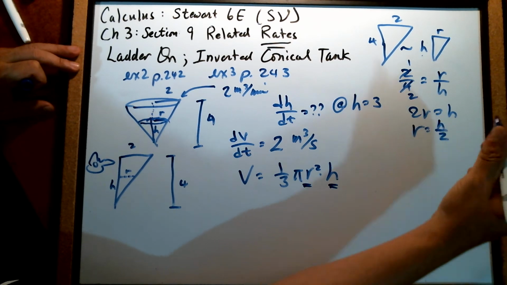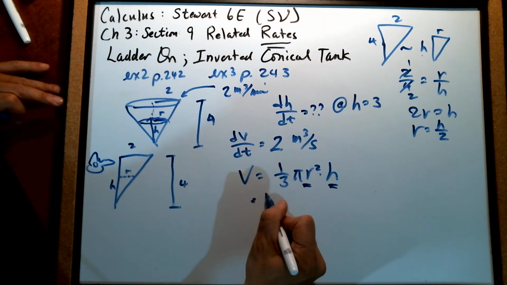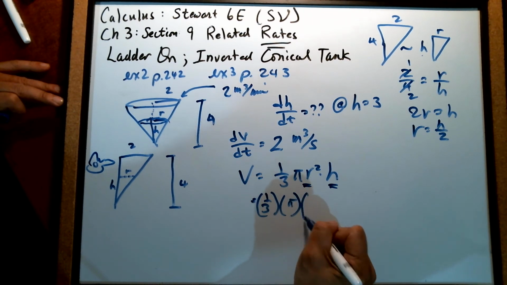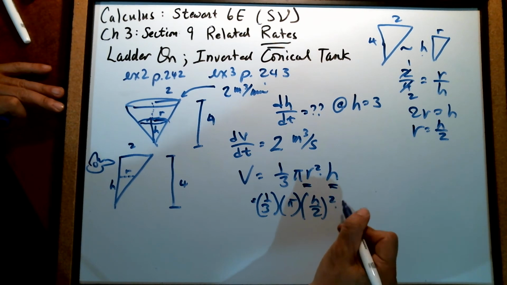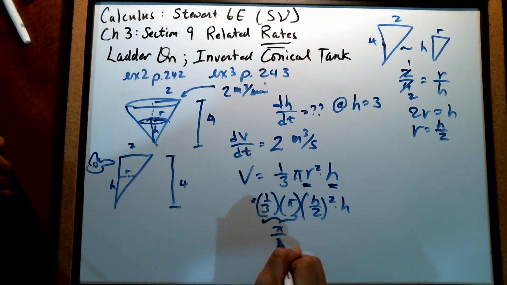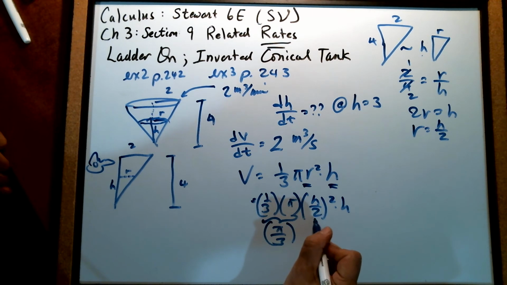And that's what we're going to plug in for r here. So it's going to be 1/3 times pi times r, which is h over 2, squared, times h. I'm going to write this as pi over 3 times h squared over 4.